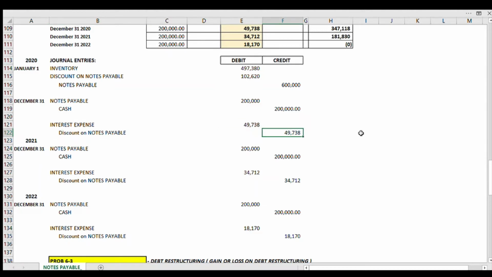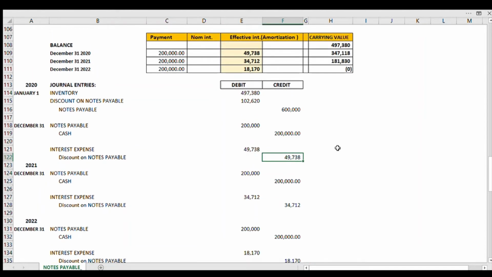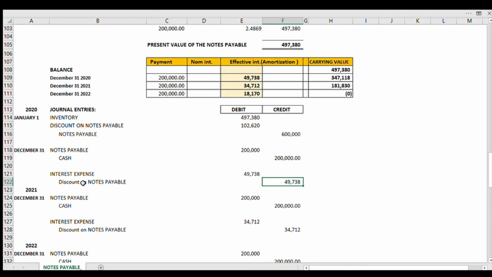We would like to emphasize that the amortization of the discount tends to increase the carrying value of the note. But since we are paying regularly, this 200,000 is the deduction.